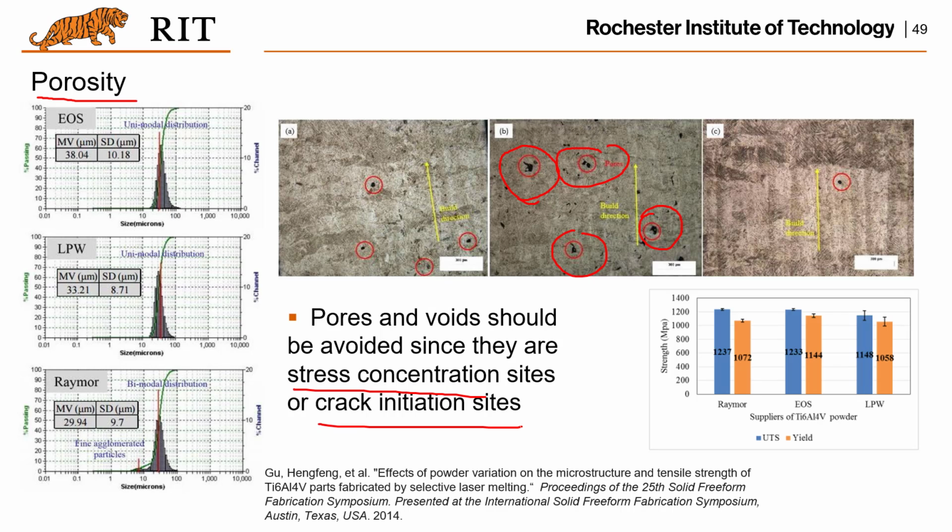It means when the load is applied, the crack will very possibly happen near these regions, which is not desired, especially in some aerospace or airplane applications, or even the biomedical applications, for example, the implants, right?